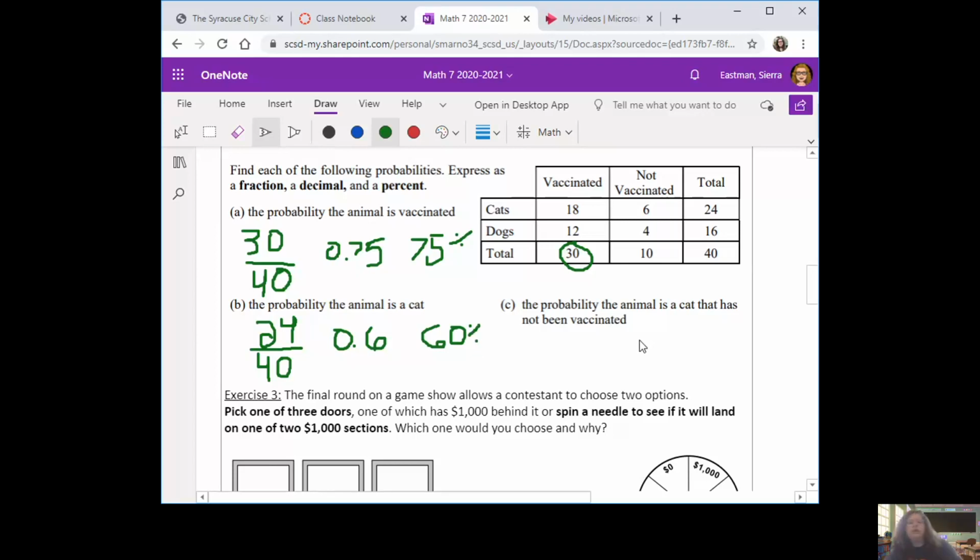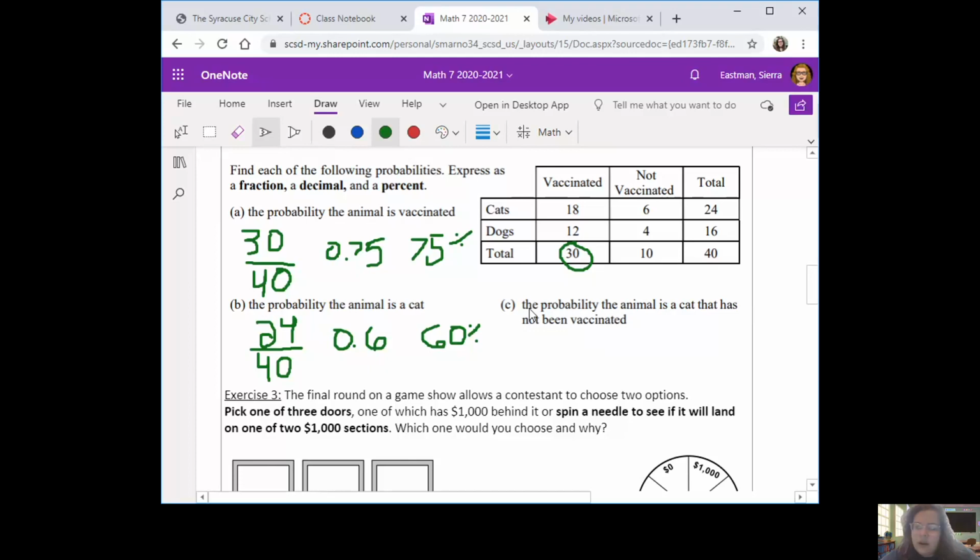Now we just have one last probability to find. The probability that the animal is a cat that has not been vaccinated. Okay, so this is where it gets a little bit more specific. They're still using the sample space of all animals. They didn't specify that they're only looking at the cat group and then finding how many are vaccinated.